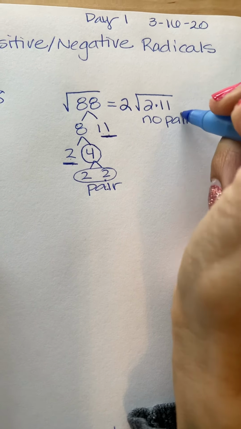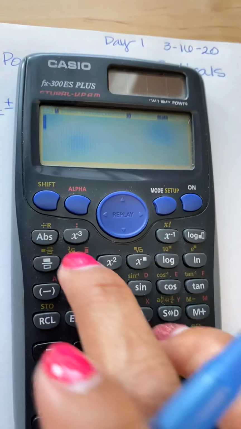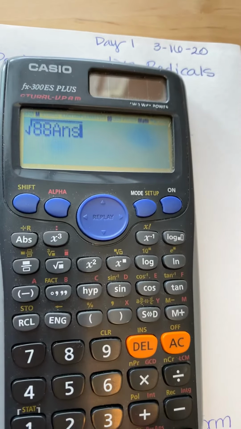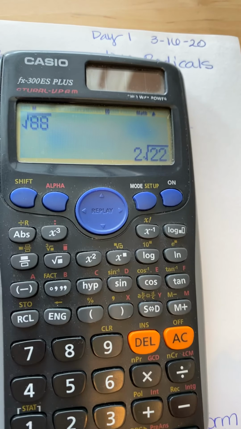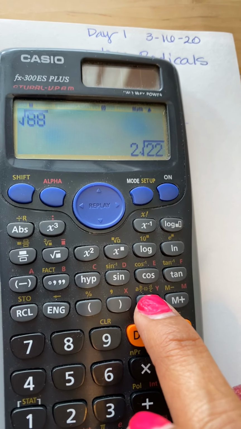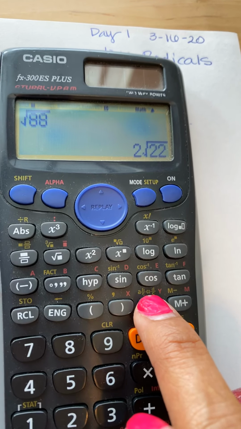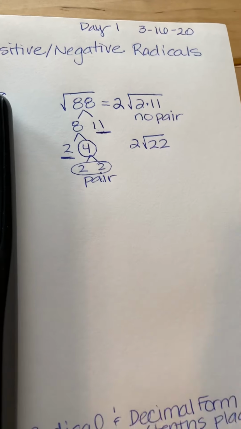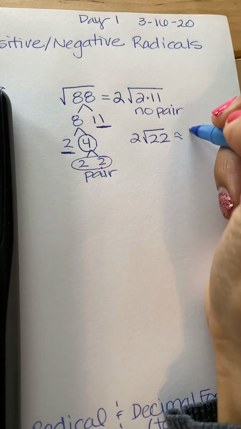And if you were to grab a calculator, the square root of 88 equals 2 radical 22, and then if you hit the SD, the scientific to decimal button, you would get 9.38 or 9.4.